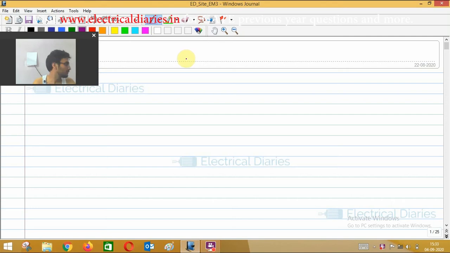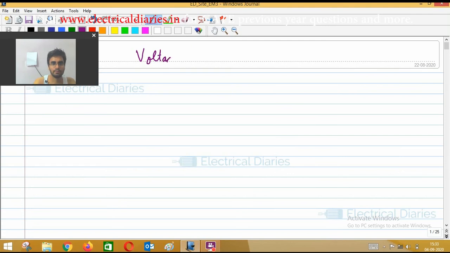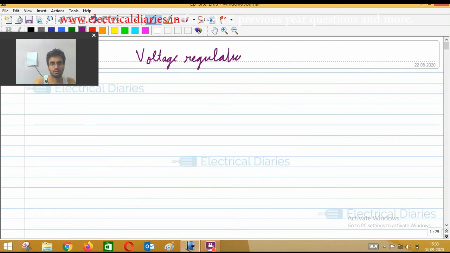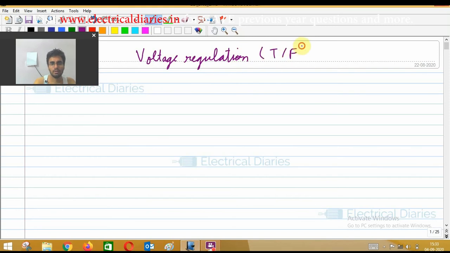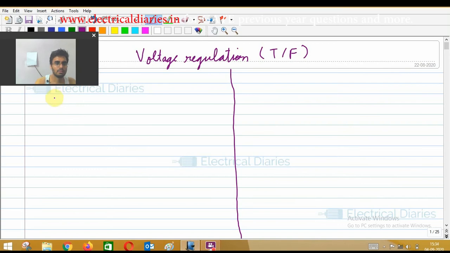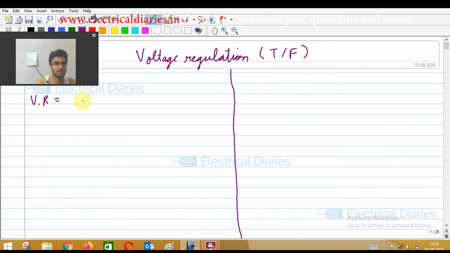Good day to everyone, and today we will see the concept of voltage regulation in the transformers, and we will see the formula in the per unit form. Okay, so the formula is given by this.